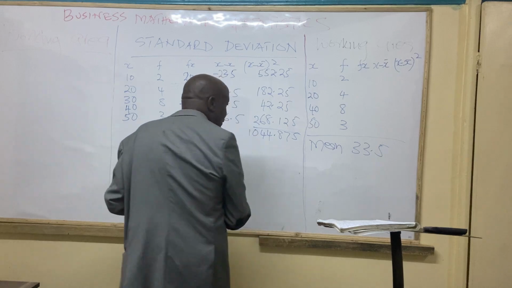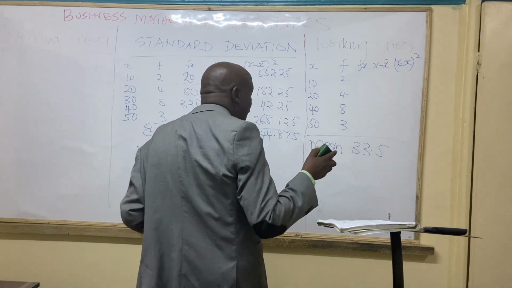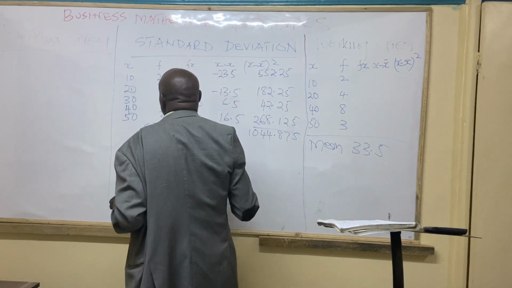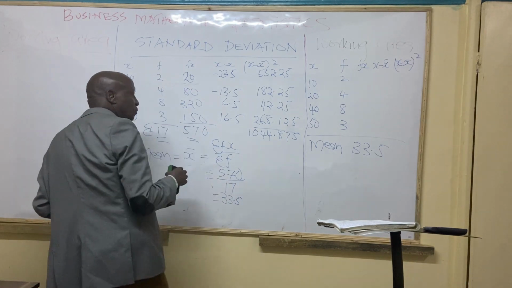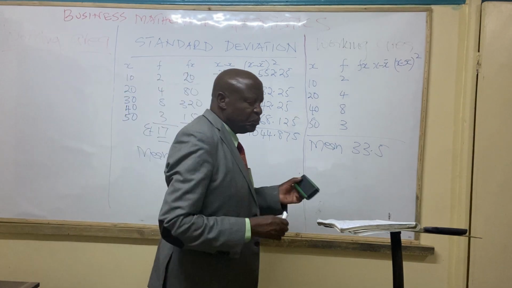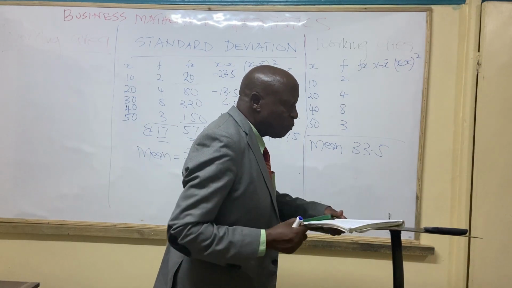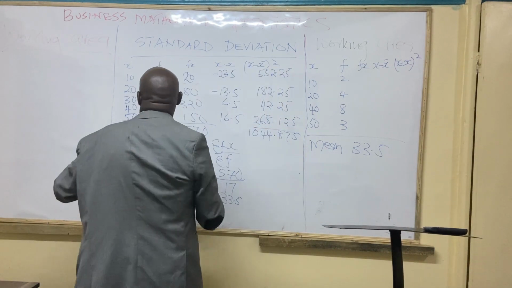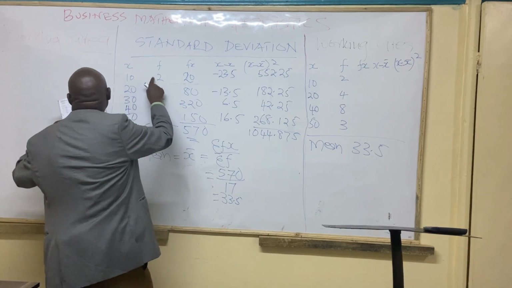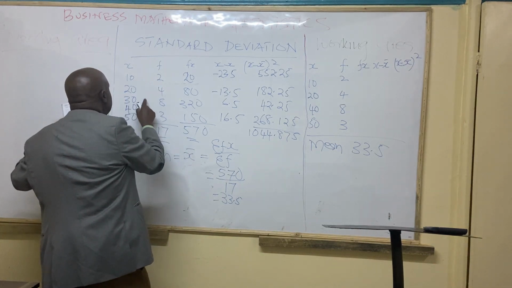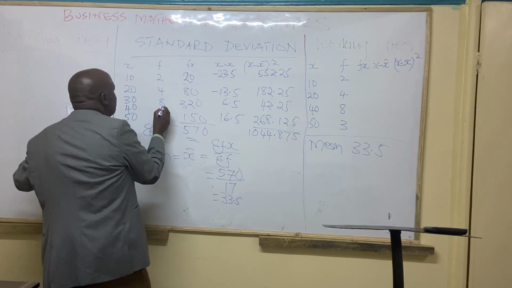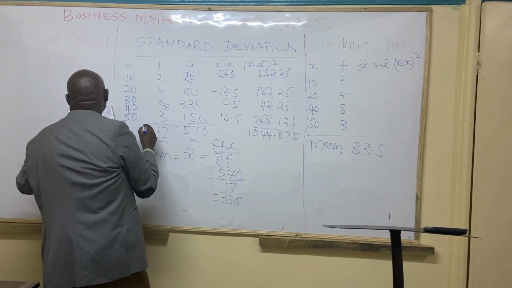So I will rewrite: 10 to 2, 20 to 4, 30 to 8, 40 to 6, 50 to 3.